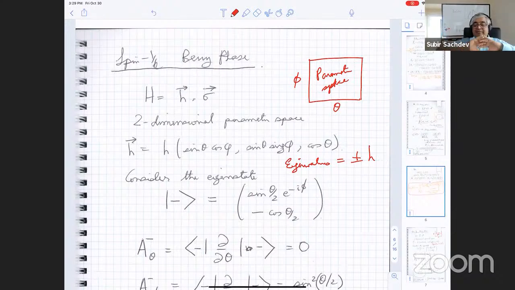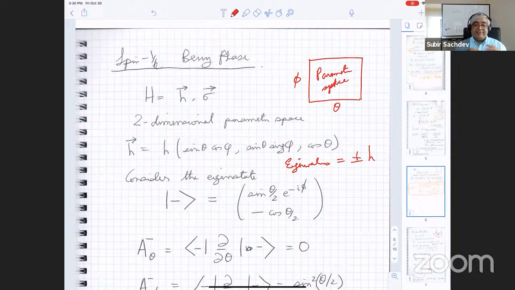If I want to think of a three-dimensional parameter space, then what I'm doing is moving on the surface of a sphere in three dimensions, and there's a degeneracy or singularity at the center of the sphere, where the vector h is 0, and that's where the two states become degenerate. So we're looking at the topology of the space around the degeneracy point at the center of the sphere.